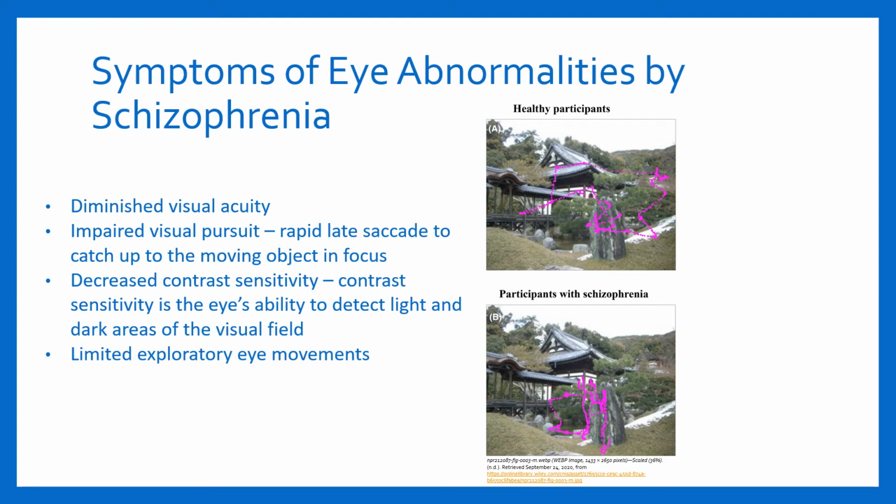The eye could not track the object that was moving, and because it kept slowing down, but the brain orders the eye to keep up with that target, the eye adjusts with a rapid late saccade to catch up to the moving object in focus. So these are some of the eye movement abnormalities that could be very interesting for future research.